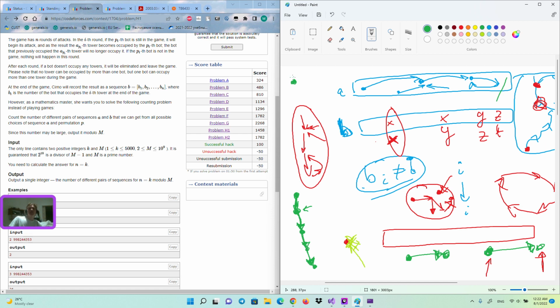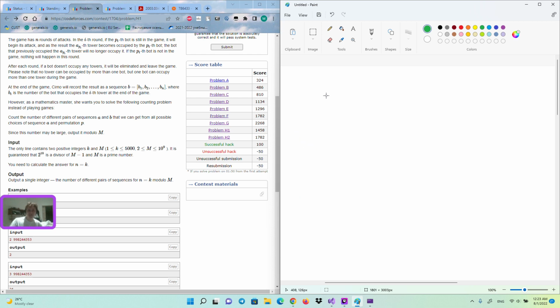We can say this bot dies or this bot doesn't die. Okay, we can decide whether a bot dies. Let's decide it. Simply, there are 2 to the nth ways of choosing whether the bot dies, but there are two exceptions. First of all, if the vertex has no incoming edges, then it doesn't die.